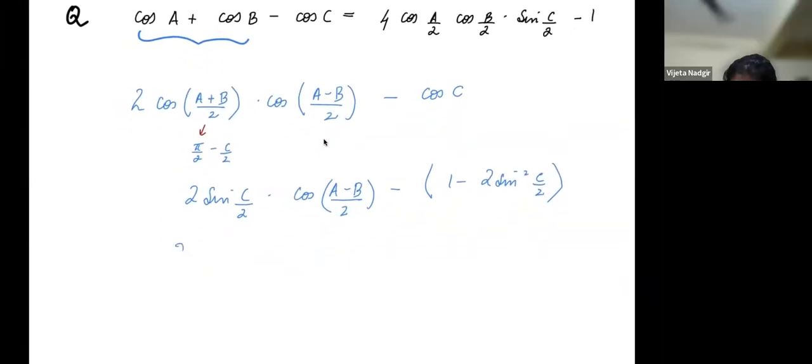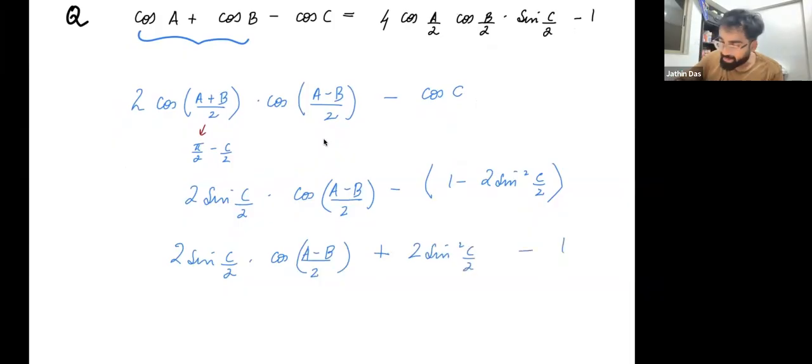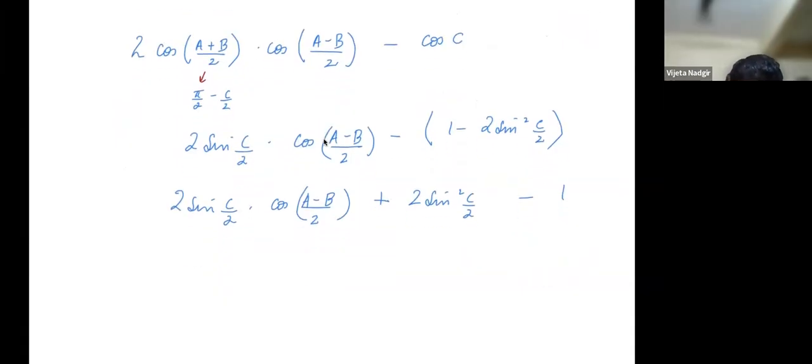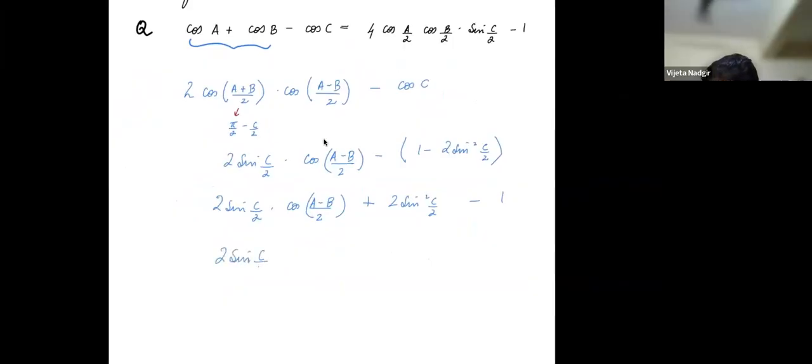So you will get 2 sine C by 2 into cos (A minus B) by 2, and minus into minus becomes plus, so plus 2 sine square C by 2, and minus 1. That's okay, because this minus 1 will not harm you at all. Now you know what to take common. It's easy.